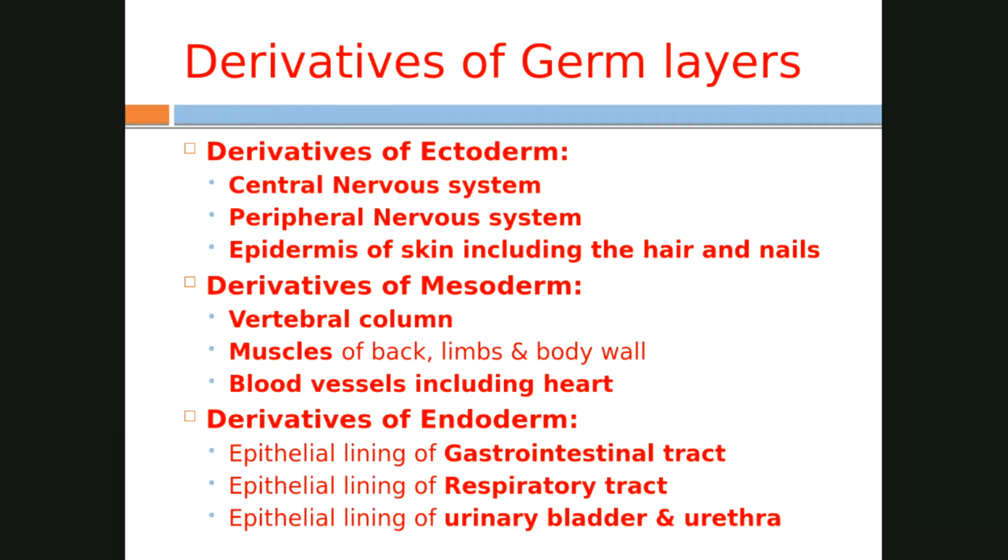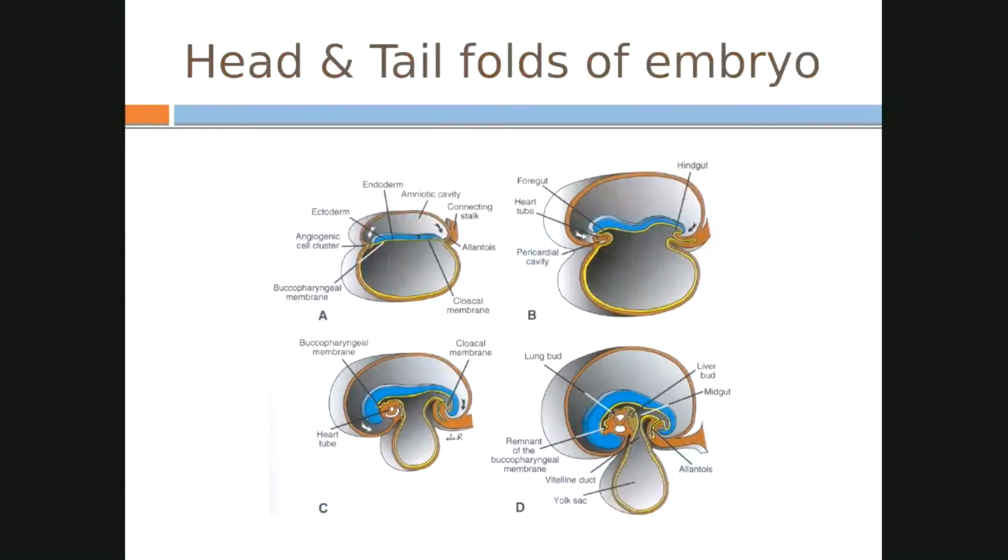Up till now we were discussing that the embryo is like a disc, like a plate, but later on, as you can see in this particular slide, it starts folding, and there is a head fold and a tail fold. Head and tail folds come together, and there is a lateral fold coming from the side.